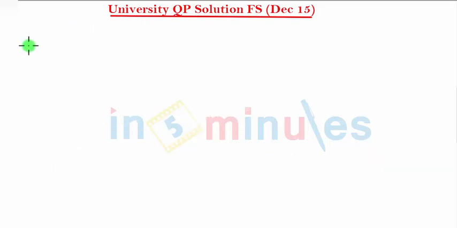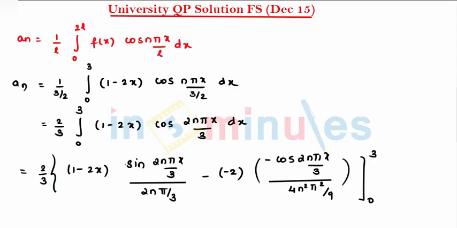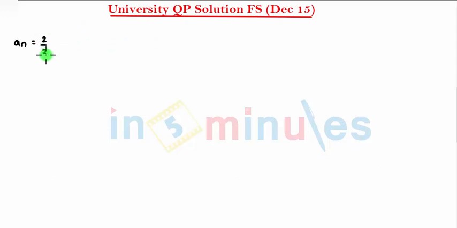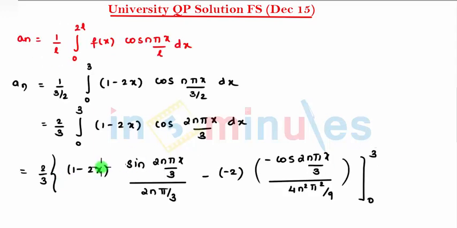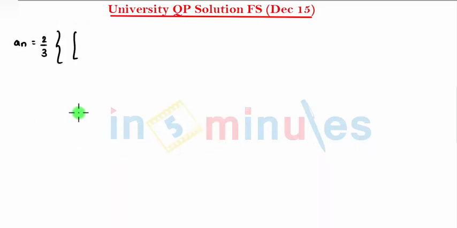Let's substitute the limits. So I write an as, the constant was 2 by 3 lying outside. Now we can say, students, here when I substitute 3, 3 gets cancelled, sine 2n pi is 0. So the first term comes to be 0.